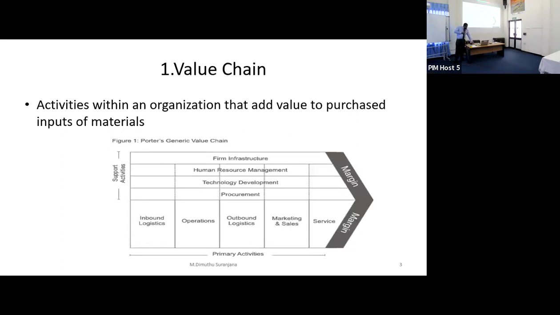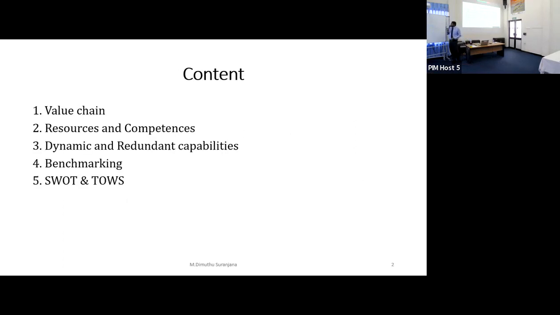Right. So now, before I come back to the value chain topic, I told you the objective of this topic is to evaluate our internal environment. You know what is internal environment? Internal environment includes any party, factor, force within the organization, what you can identify within the organization.